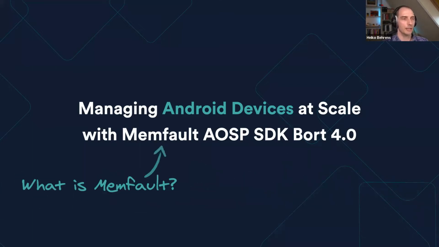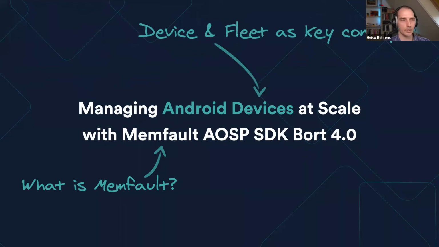Memfault. Well, I will give an overview of what Memfault actually is. That's part of this presentation. Android, I think that's a given. Devices. I want to call out that Memfault is not a system that collects log lines so that you can later search the logs with some Elasticsearch or anything, nor is it a dumping ground for bug report zip files that you can download and process locally.